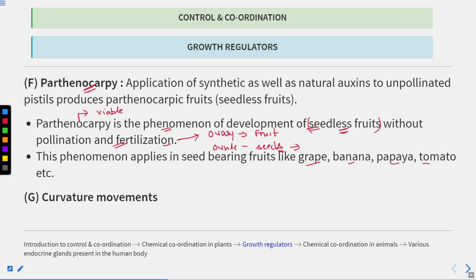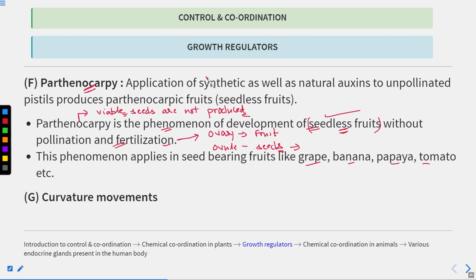That's why the fruits are seedless. I've already told you, after fertilization, the seed will develop. Here, there is no fertilization, so seeds that are produced are not viable. This leads to the development of seedless fruit.